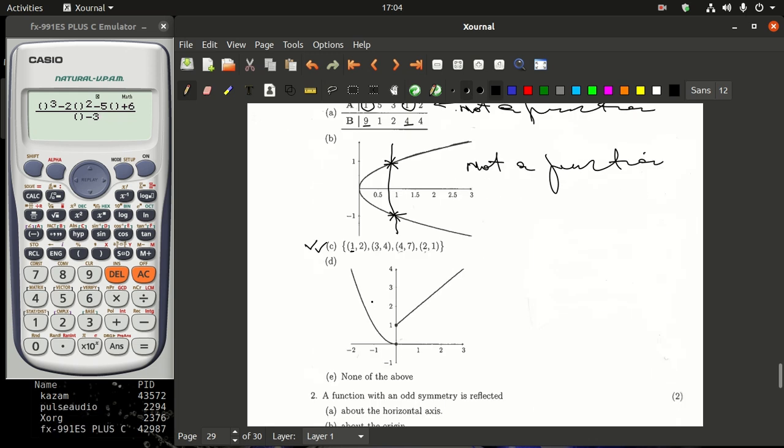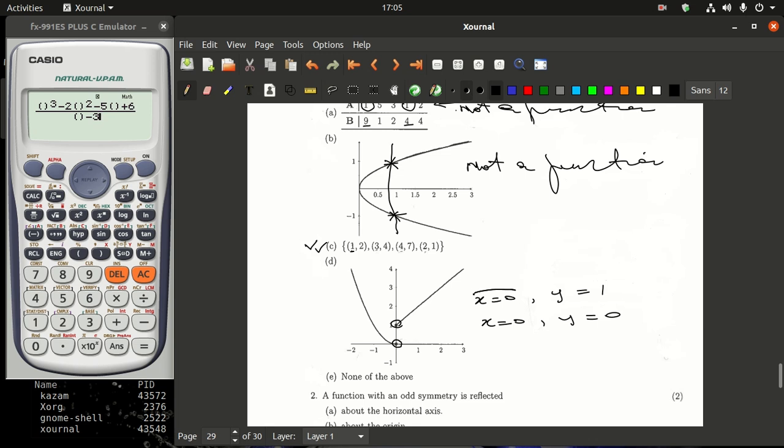And now when we come to this one, here is shaded. It means that when x is equal to 0, y is equal to 1. But also here is shaded, which means that when x is equal to 0, y is equal to 0.